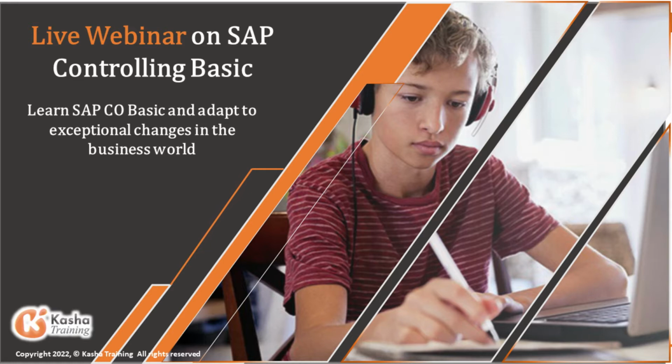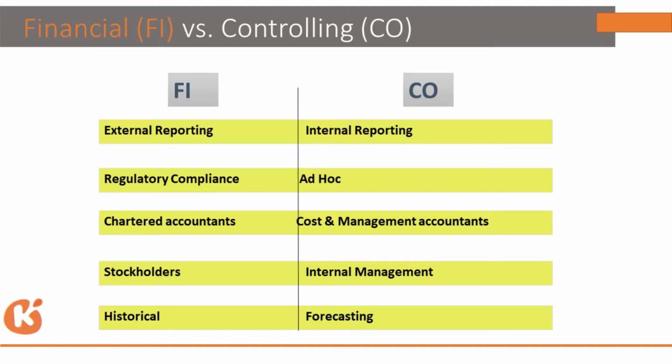So last in demo session, we already discussed, right? Like difference between financial accounting and controlling, right? So financial accounting, what is financial accounting? Like every country has their own corporate accounting policies, right? And based on that accounting system, every company has to prepare their books of accounts.